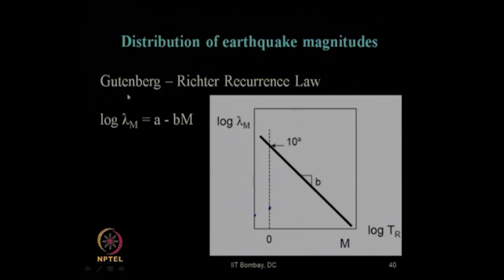So, the typical Gutenberg-Richter recurrence law, that is, the chances of occurrence of that magnitude of earthquake, is given by this relation: log of lambda m equals a minus b m. That is the equation, as you can see. Okay. So, with this we have come to the end of today's lecture. We will continue further in the next lecture.